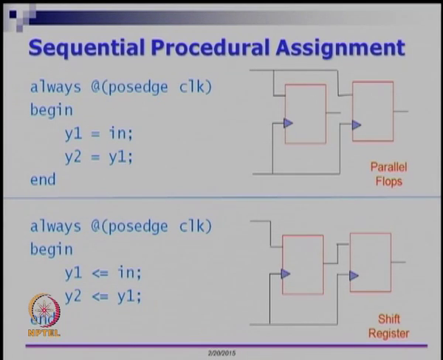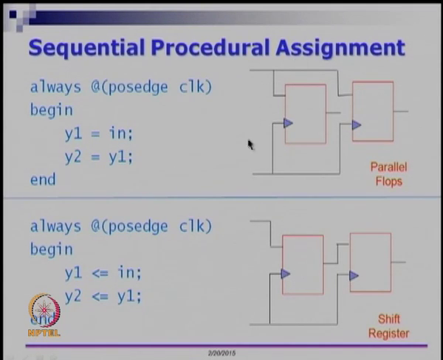This is also a blocking assignment, so the value goes to y1 and from there it goes to y2. It looks like in is given to y1 and y1 gives its value to y2, but if you look at the values, both of them are getting the value in.